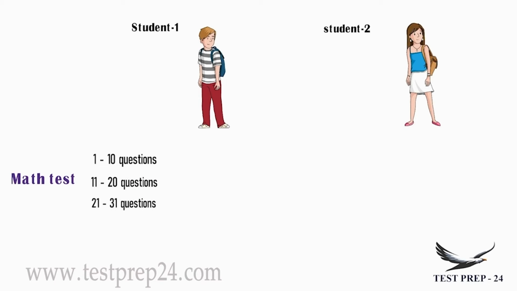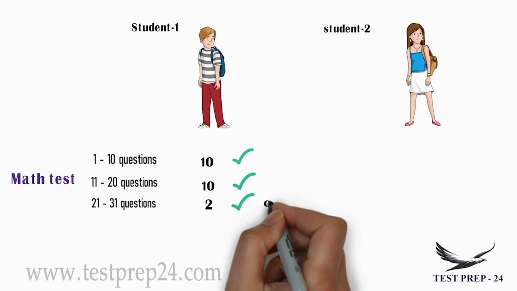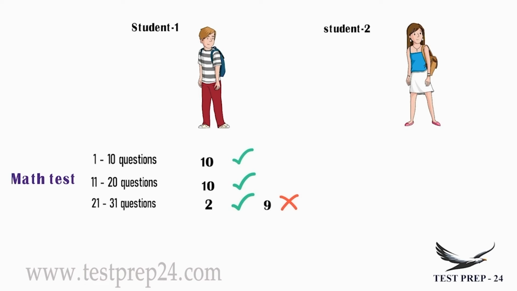For example, student 1 answered 10 questions correctly in the first 10 questions, and then answered 10 questions correctly in the second part and 0 wrong. In the third part, he answered 2 questions correctly from question 21 to 31 and made 9 wrong answers. So in total he answered 22 questions correctly and 9 wrong.